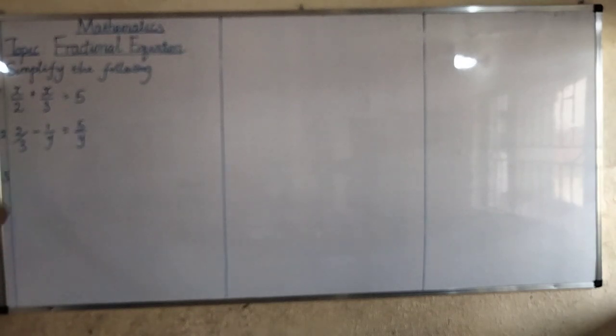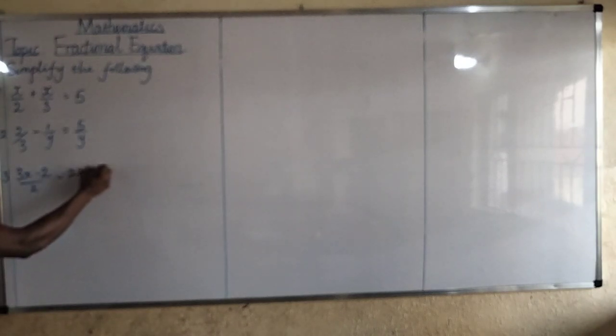Number 3 says we should solve 3x minus 2 all over 2, minus 2x plus 1 all over 3, all equal to 2.